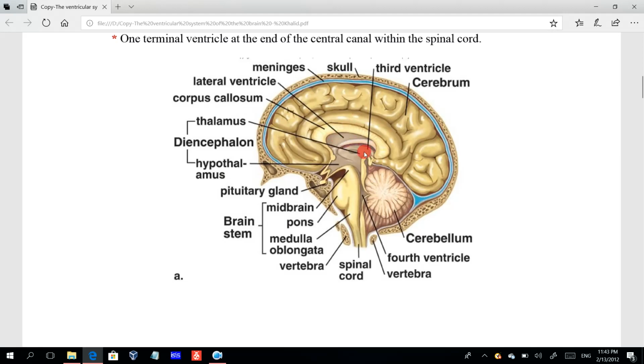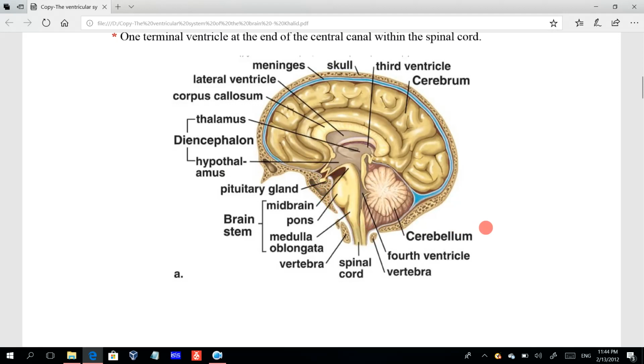Here we have the third ventricle between the two thalami. This is the thalamus, and this is the hypothalamus. Attached to the hypothalamus is the stalk of the pituitary gland, and this is the pituitary gland within the sella turcica, which is part of the sphenoid bone. And this is the fourth ventricle. So the lateral ventricles, one right and one left, the third ventricle and the fourth ventricle.